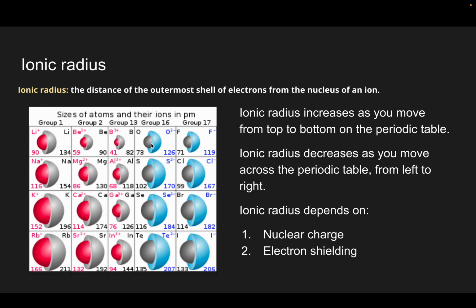However, the thing is that the boron ion already donated 3 electrons, and so there are fewer electrons, and the nuclear charge affects the electrons that are left more, and therefore the radius is smaller.